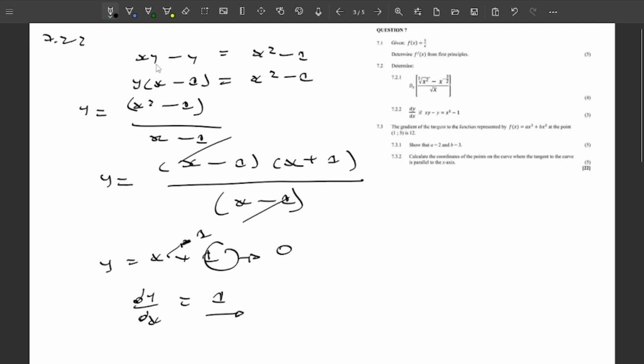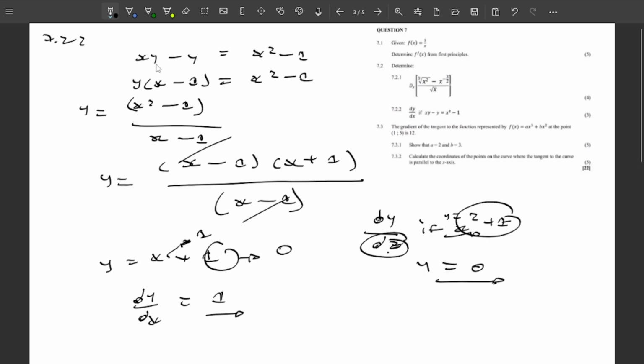Now, in some cases, they may try to trick you, but it's not common. They may say derive this with respect to x, if y is equal to x squared plus 1. Now you see that there's no z, therefore your answer would be 0, because in this case we take x as a constant, a number. So keep a heads up for that one, because usually you should take note of this.